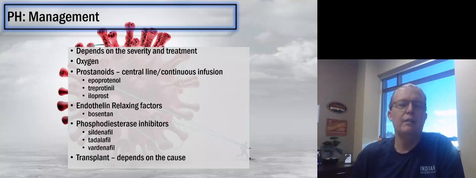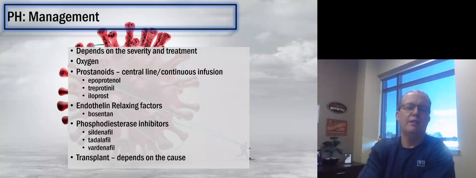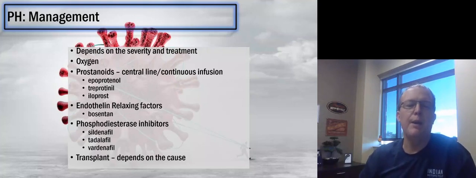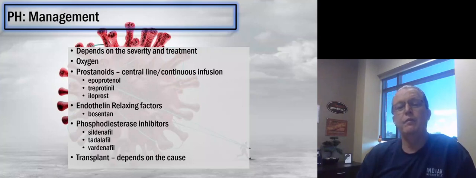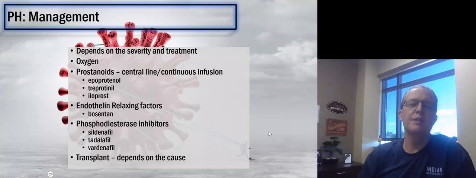So these are drugs that patients can be started on as a way to manage their pulmonary hypertension after they've been brought under control with the IV infusions like the prostanoids or perhaps the endothelin receptor antagonists. So we can get them under control, get them managed, and then send them home on these drugs because they can be taken at home. They're outpatient medications. And if this pulmonary hypertension progresses and continues, then transplantation is, of course, a consideration.